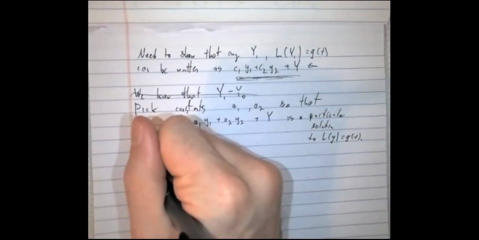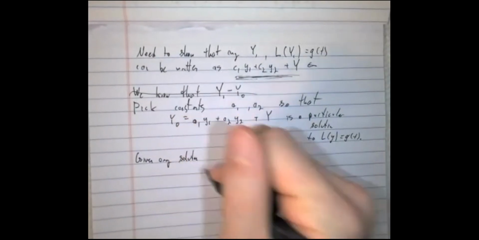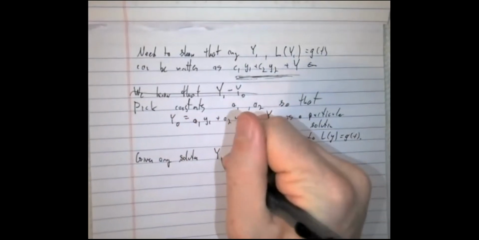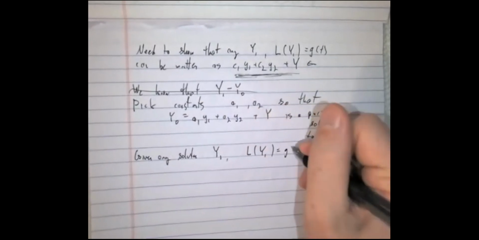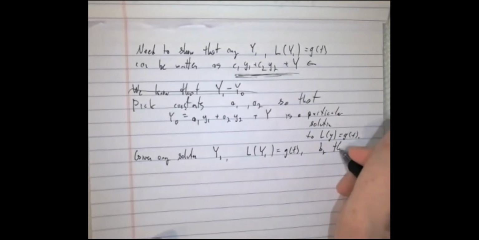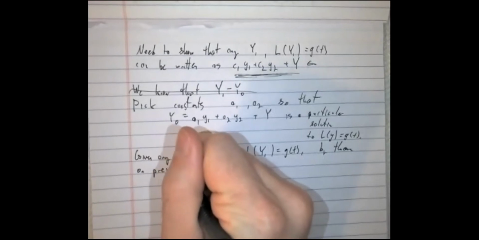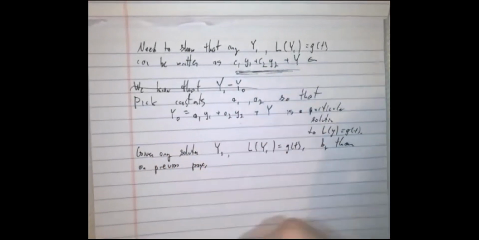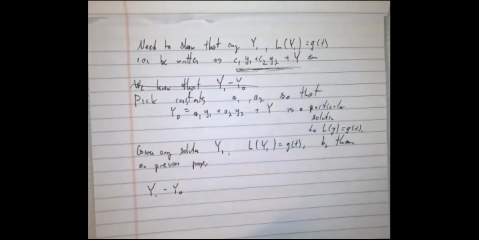Given any solution y1 such that L of y1 is equal to G of t, by the theorem on the previous page, y1 minus y0 can be written as what?